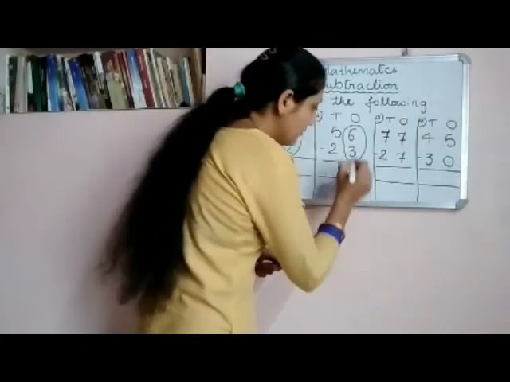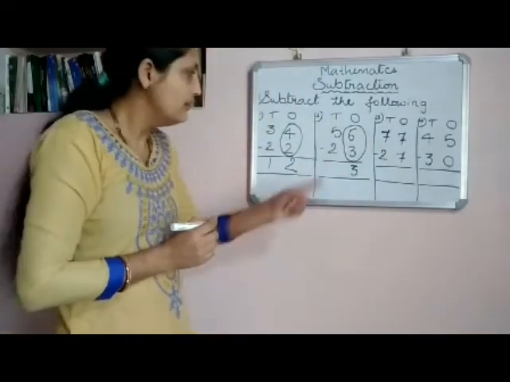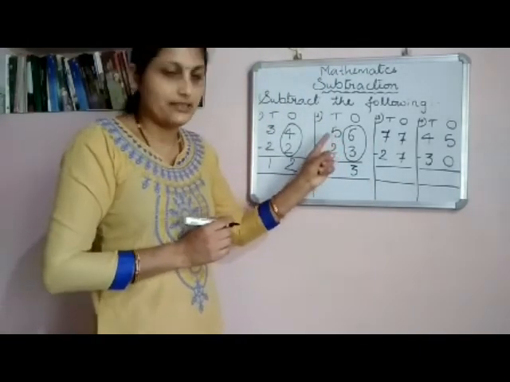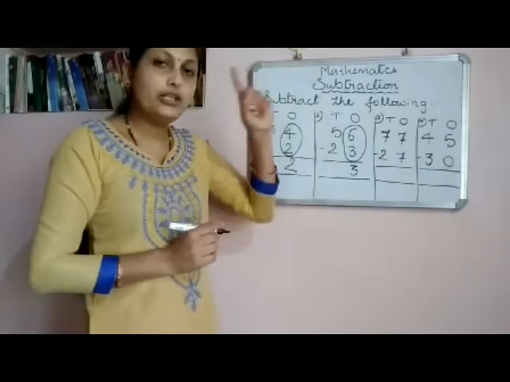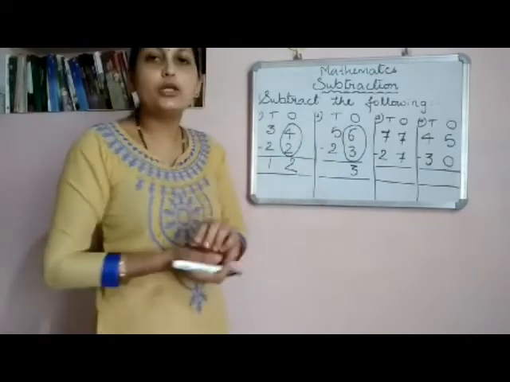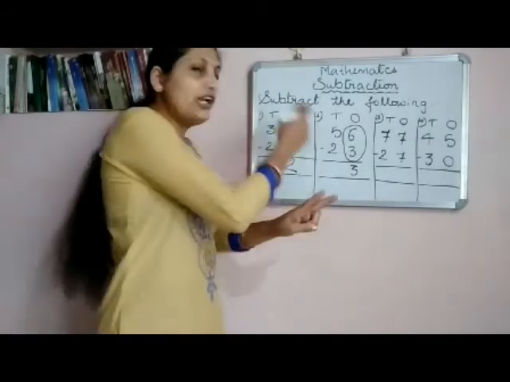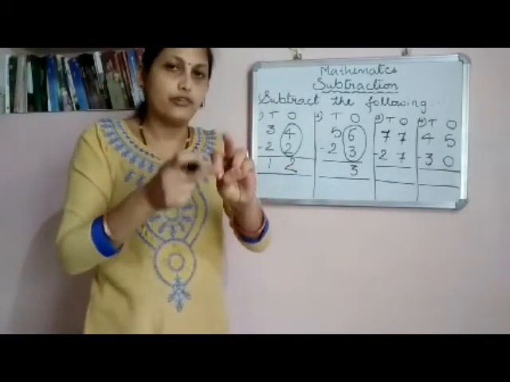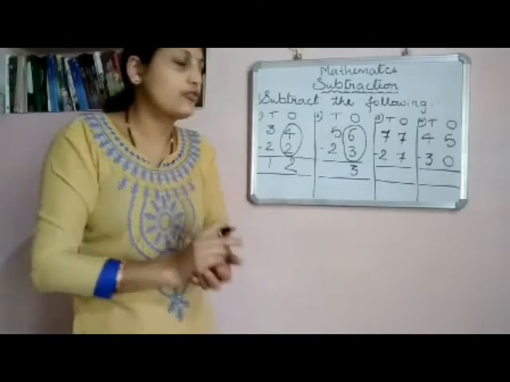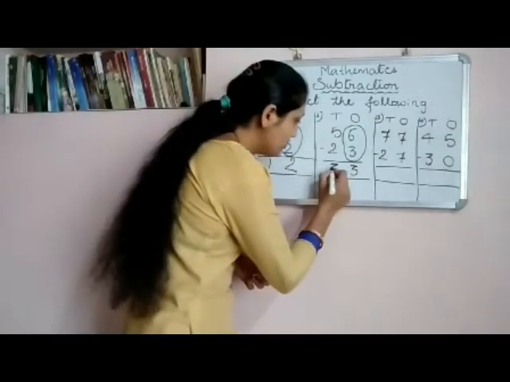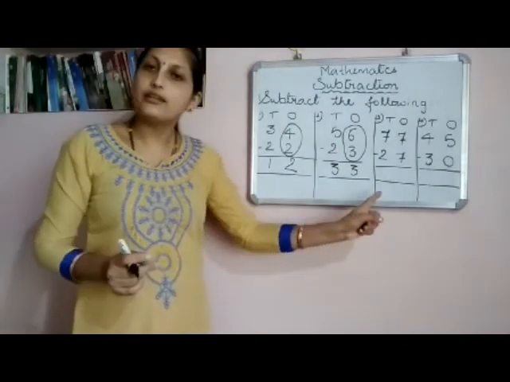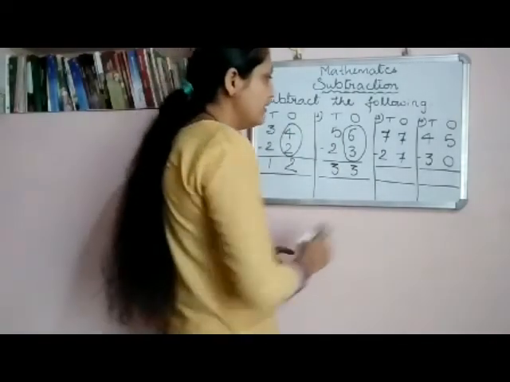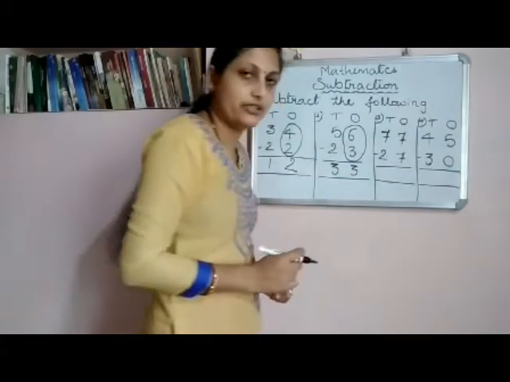Like this. Next, let us subtract the tens. 5 minus 2. So, 5 in your mind, 2 in your hand. 5 before, 4, 3. So, 5 minus 2 is what? 3. So, what is the answer? 33.